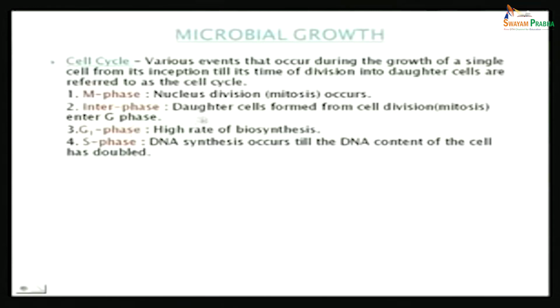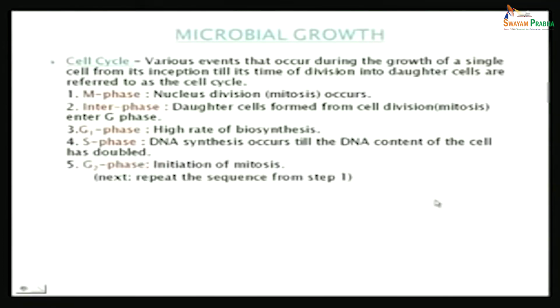And the next, S phase, is a very important phase where DNA synthesis occurs until the DNA content of the cell has doubled. And then there is the G2 phase, the final phase, which is the initiation of the mitosis. So you are at number 5, and from here it goes back again to number 1.